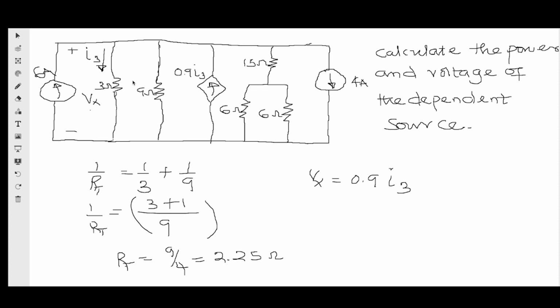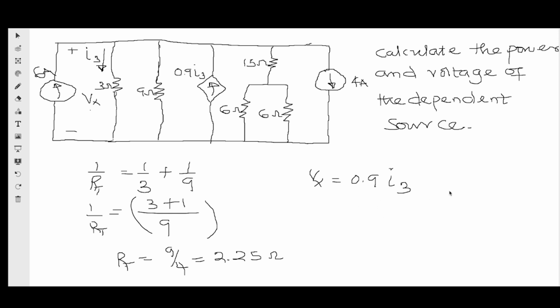So I just use that to show you how to get the parallel combination of two resistors. So we won't be combining this 3 ohm with 9 ohm, because we need this 3 ohm to get I3. Right, so let's combine this 15 ohm, 6 ohm and 6 ohm.